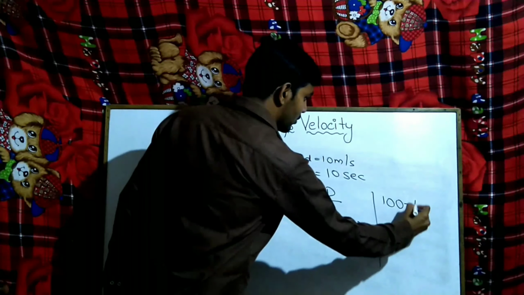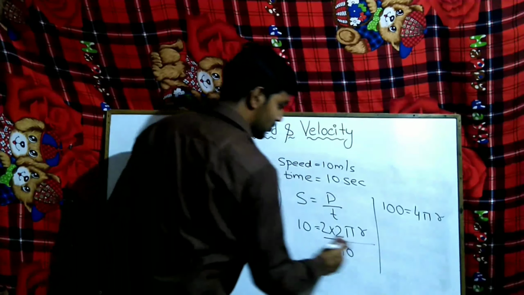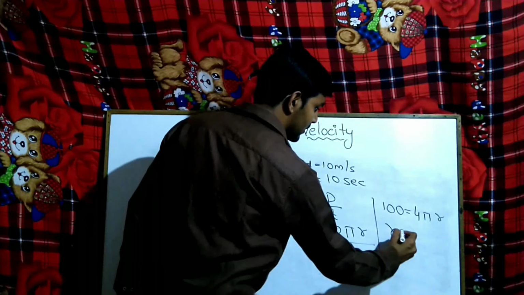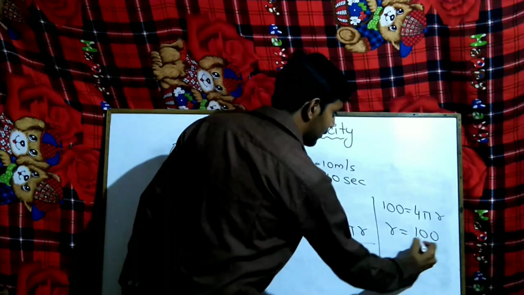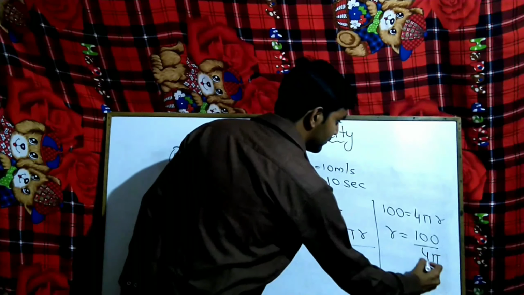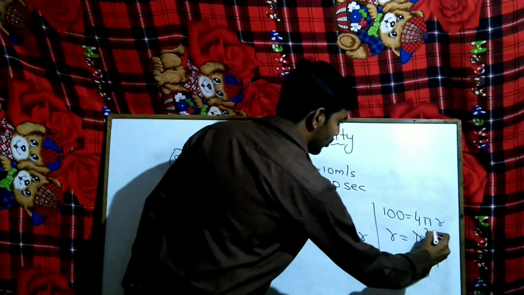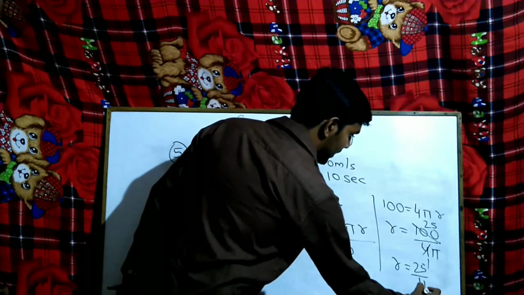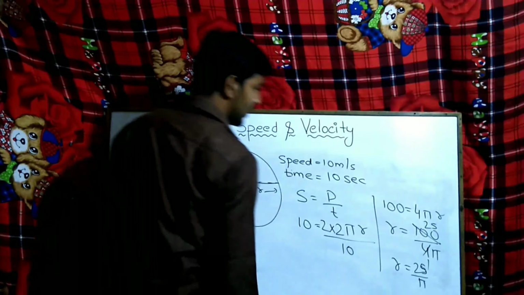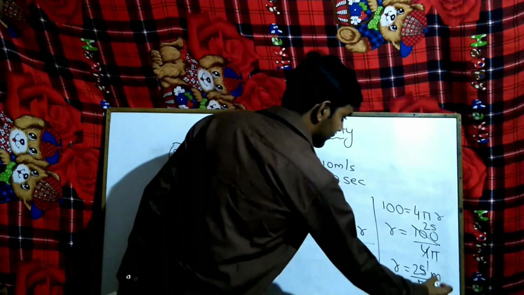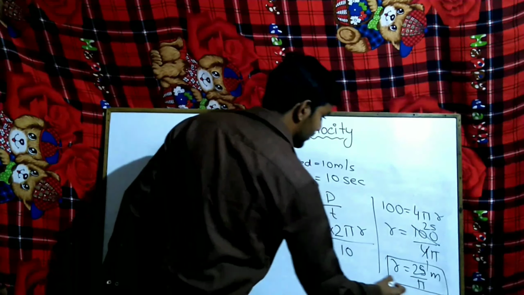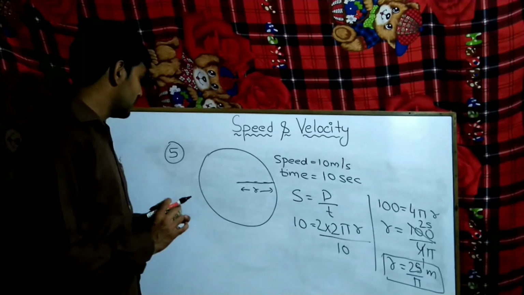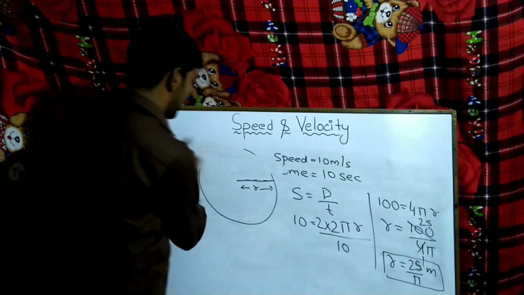So 100 is equal to 4 pi r, because 2 into 2 is 4. Now this 4 pi comes that side and becomes division. So r is equal to 100 by 4 pi. So 4 twenty-fives are 100. So r is equal to 25 by pi meter. This is the answer for the fifth one. Okay, clear? I hope you clear. Now, sixth problem.